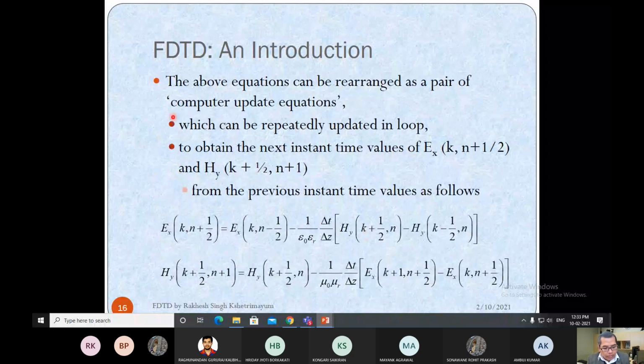So now let's say if I want to calculate Ex at n plus half, then I need to know the value of Ex at n minus half. I also need to know the magnetic field in the neighborhood and at the previous time instant.